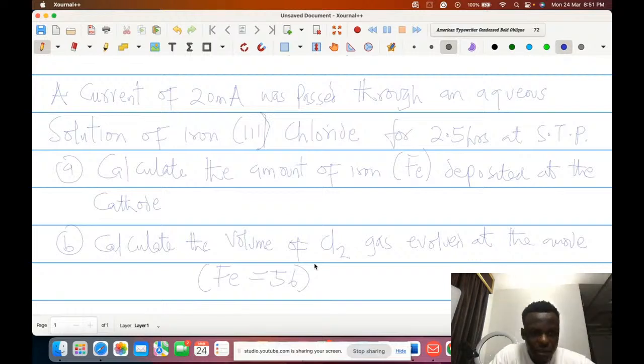So I read, they said a current of 20 milliampere. Please, if you can write this down, please jot it down.